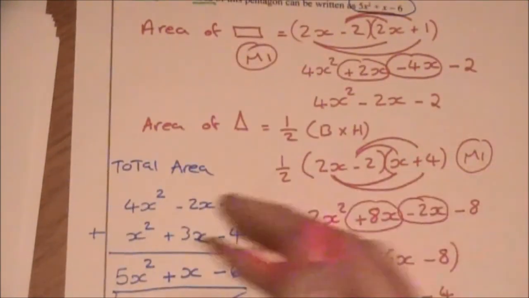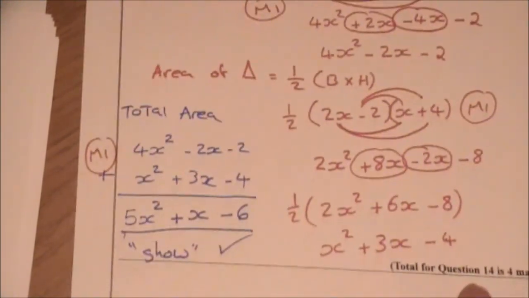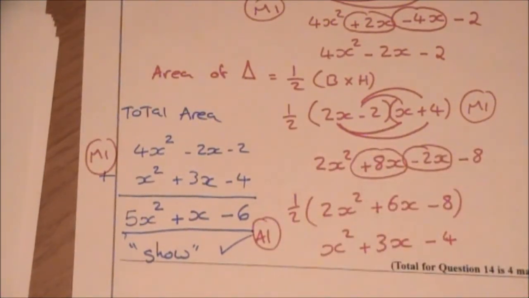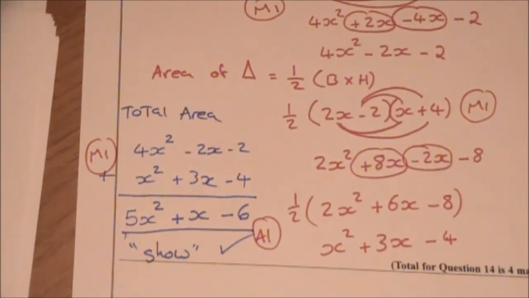You get the third mark for showing you add those 2 areas together, and you get the final answer mark for getting the answer correct. So remember, find what you think is the area of the rectangle, find what you think is the area of the triangle, add them together and you will get that method mark.